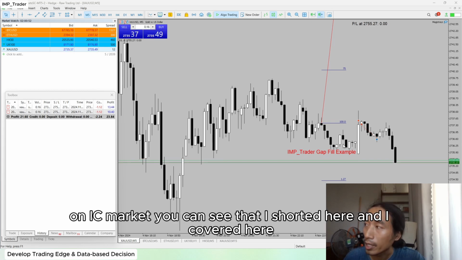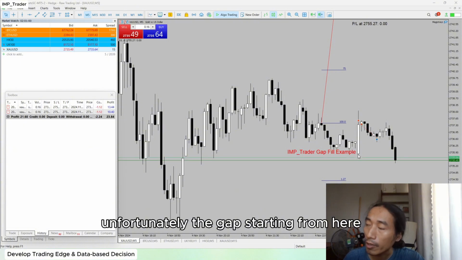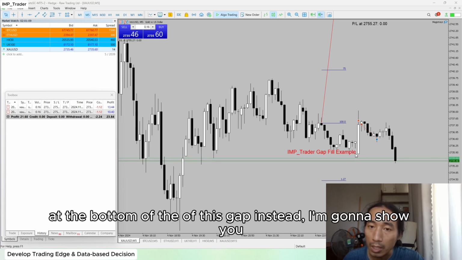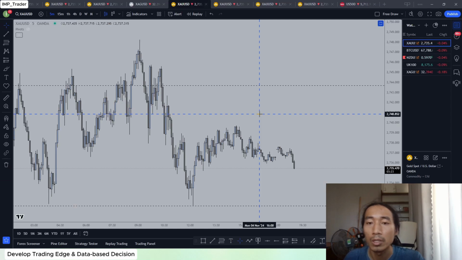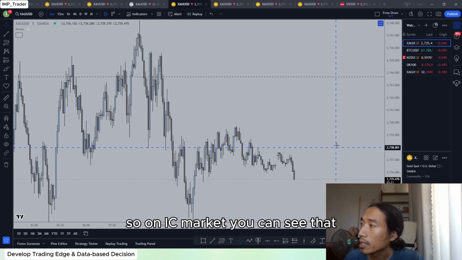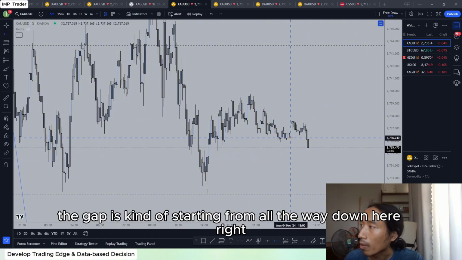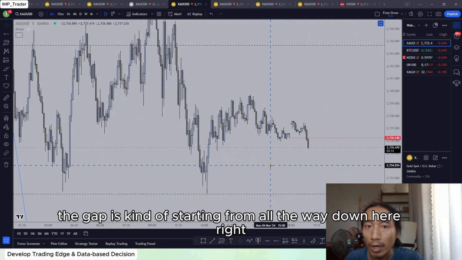On IC Markets, you can see that I shorted here and I covered here. Unfortunately, the gap starts from here. Why didn't I target all the way down to the bottom of this gap instead? I'm going to show you. On IC Markets, you can see that the gap starts all the way down here, right?